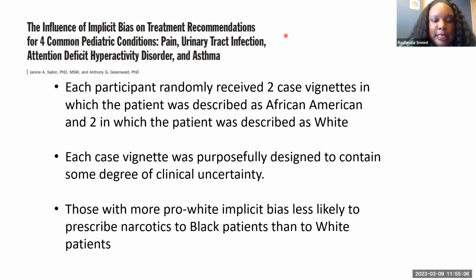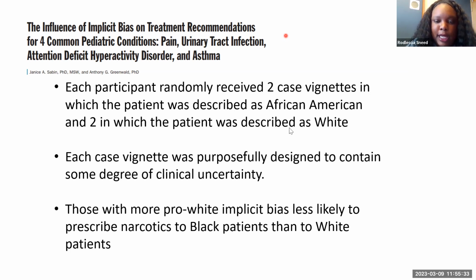The researchers who designed the vignettes intentionally designed the cases so that there was some degree of clinical uncertainty. The reason for that is that often when we think about implicit bias, it really seems to matter most when healthcare providers are dealing with situations where there's some degree of ambiguity. So they purposely designed the case vignettes so that there was some kind of clinical uncertainty within all of the descriptions.